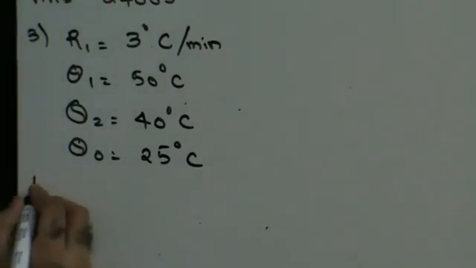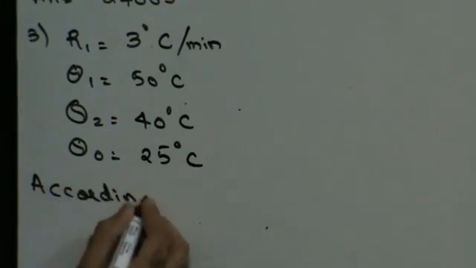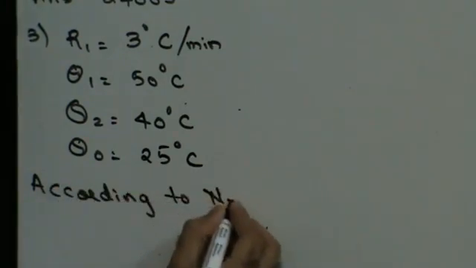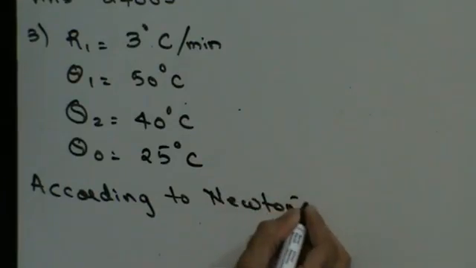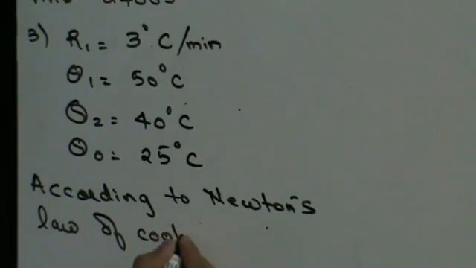Now, here straight away I can use Newton's law of cooling. Newton's law of cooling says that the rate of fall of temperature is K times the excess temperature over the surrounding, right?